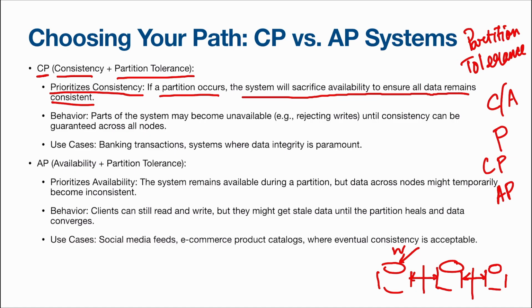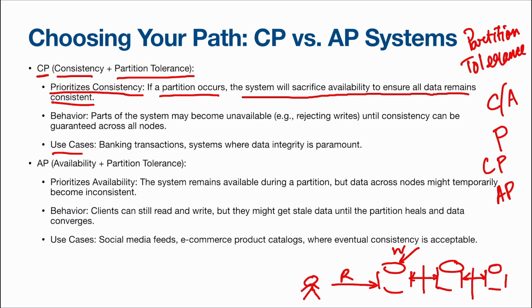In that case, the database will reject the write request in favor of consistency. So the database will make sure that whatever read request the client sends, all the read requests get the correct data response. So to send back the correct data response in case of a partition fault, the database system needs to completely stop accepting write requests.